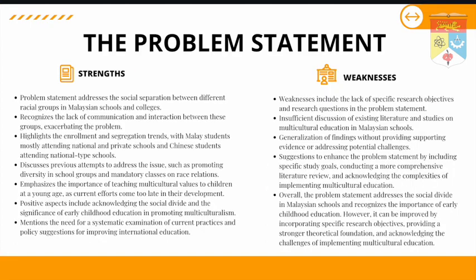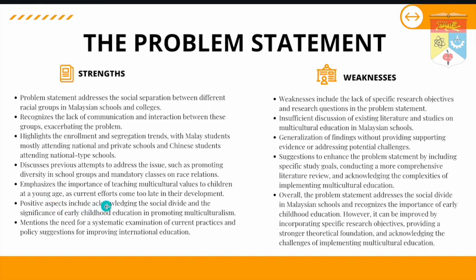As for the problem statement, I divided it into two categories, which are the strengths and weaknesses. The problem statement addressed the social separation between different racial groups in Malaysian schools and colleges, recognizes the lack of communication and interaction between these groups, highlights the enrollment and segregation trends, discusses previous attempts to address the issue, and emphasizes the importance of teaching multicultural values.